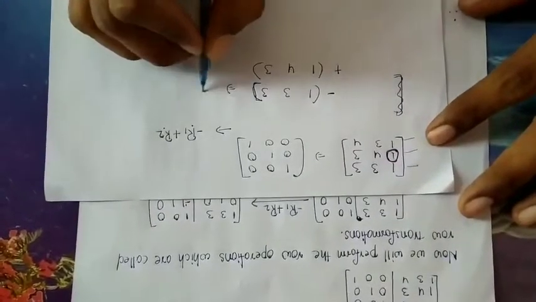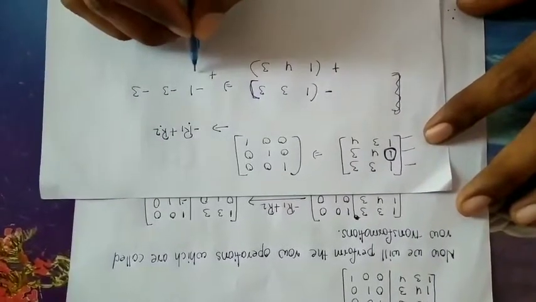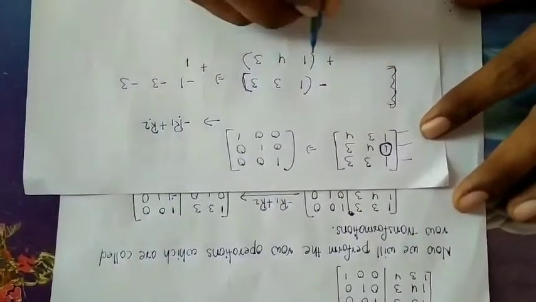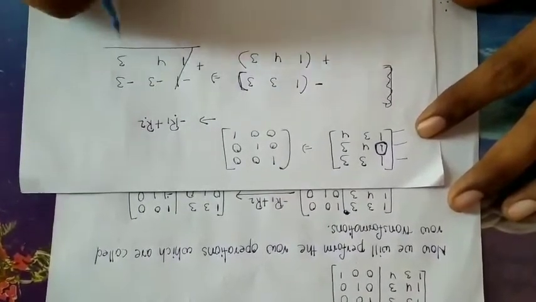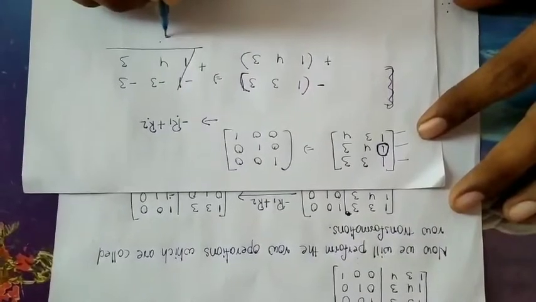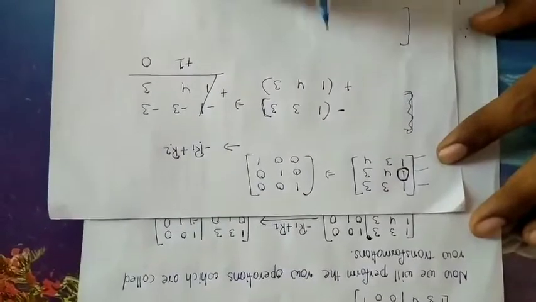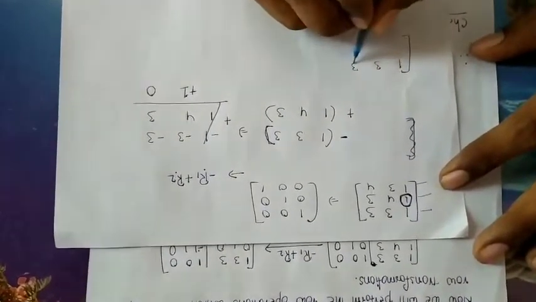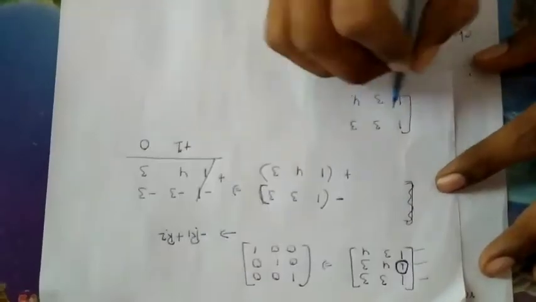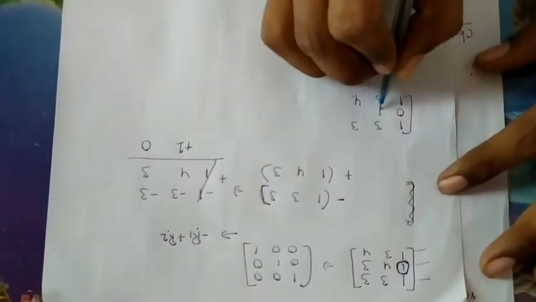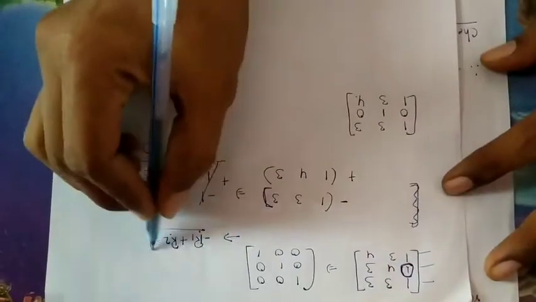So it becomes minus 1 minus 3 minus 3 with the addition of 1 4 3. The plus 1 and minus 1 becomes 0, and minus 3 plus 4 becomes 1, and minus 3 plus 3 becomes 0. So the output is: the first row as usual 1 3 3, the last row also as usual 1 3 4, but the middle row becomes 0 1 0. This is the output of this minus R1 plus R2.